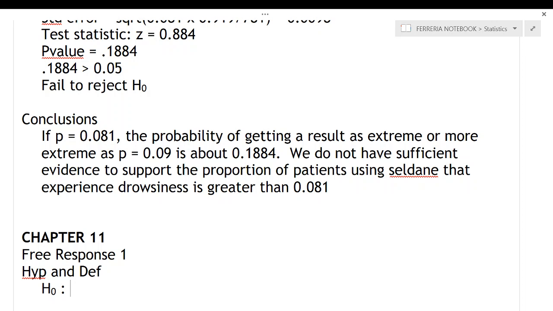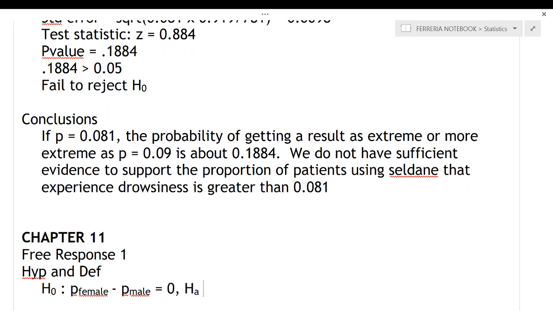Null hypothesis, that would be that the two proportions are the same, right? So P, do you want to put male or female first here? Female. P female minus P male equals 0.